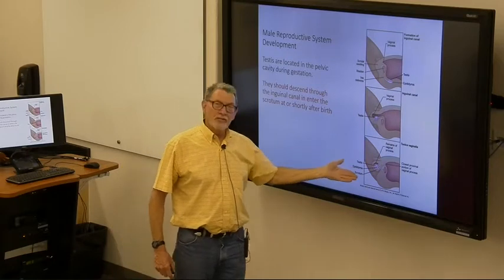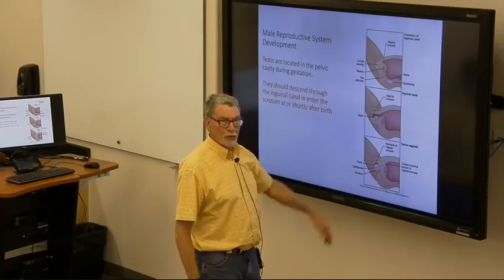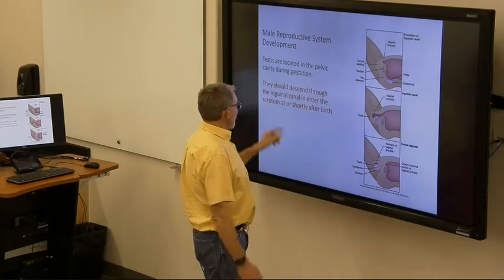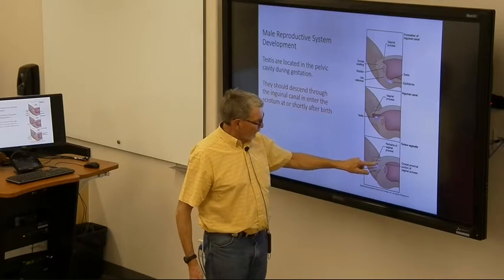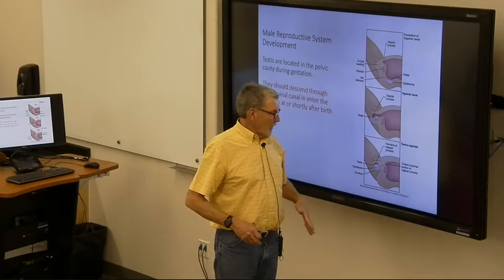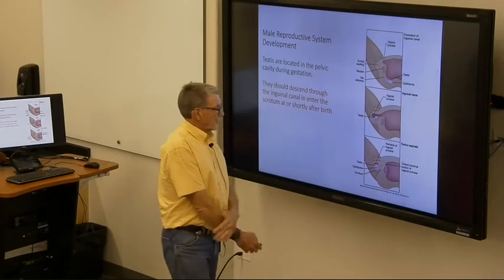Occasionally it doesn't descend and they have to induce it to go down. Usually that happens around the time of birth. The inguinal canal then is this tube-like place where the testes can descend, and it remains a weak spot that can cause hernias later in life.